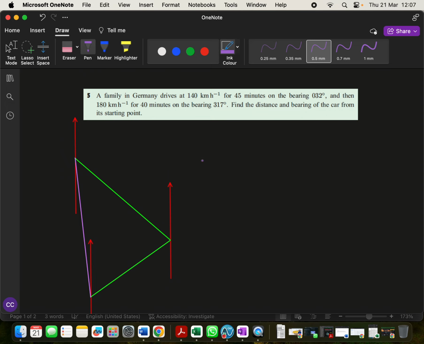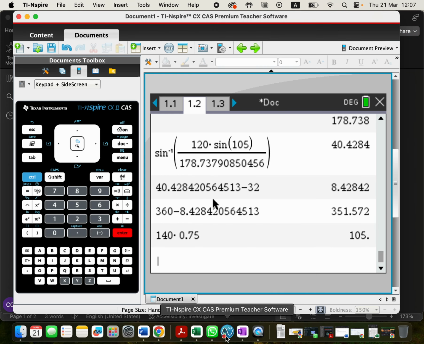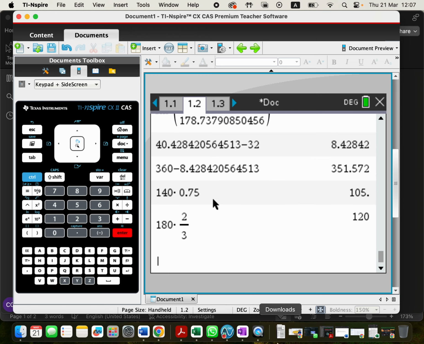Okay, so let me just get some of these details in. 140 times 0.75 gives me 105 for that one, and 180 times 2/3 of an hour is 120.